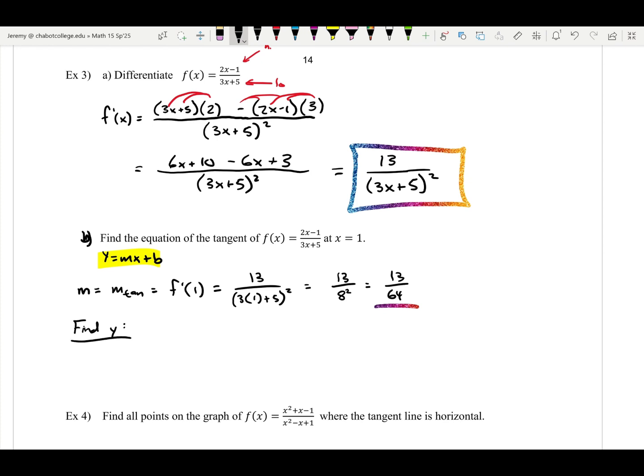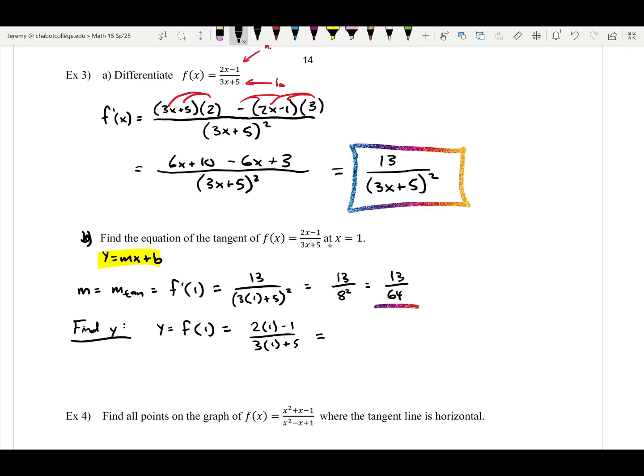And remember, we are talking about a point that is on the graph of the original function. So to find the y-coordinate, I need to plug into the original function. So y is going to be f of 1. Okay, so I'll have 2 times 1 minus 1 over 3 times 1 plus 5.